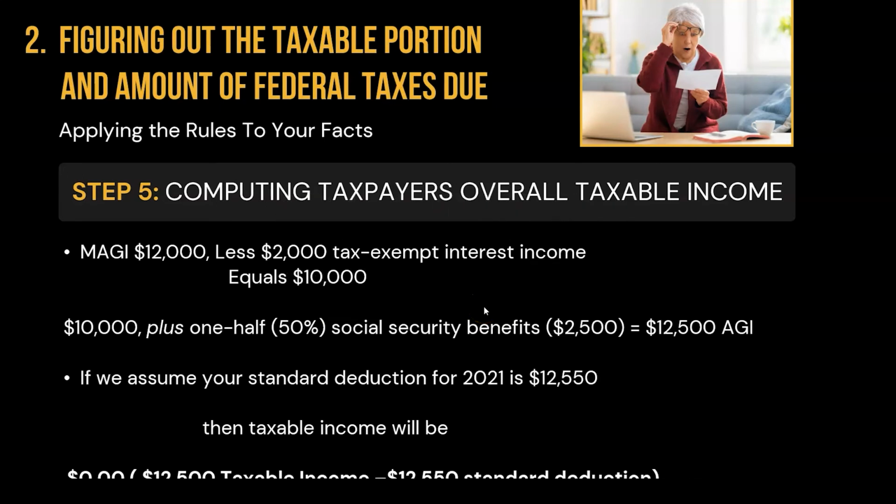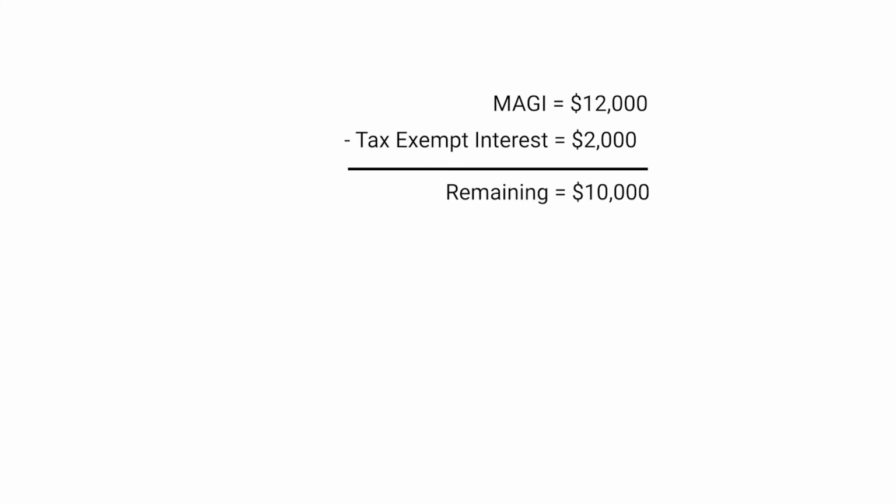Now let's compute this taxpayer's overall taxable income. We know that modified adjusted gross income is 12,000. So we're going to subtract the tax-exempt interest of 2,000 from it, because tax-exempt interest is not taxed at the federal level. So when you have MAGI of 12,000, you take out the 2,000 and you get 10,000.